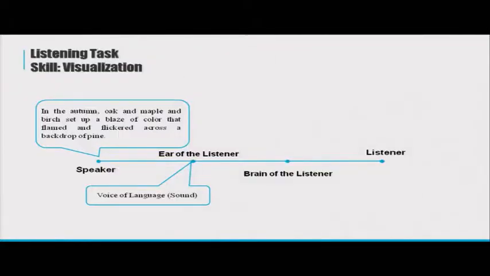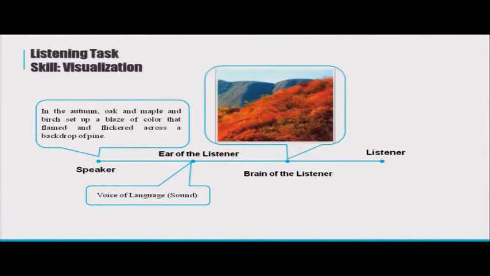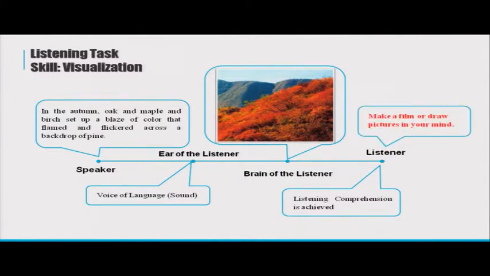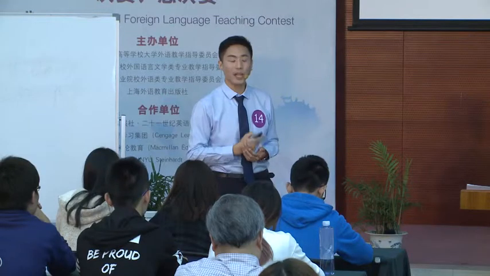Then your brain can draw a picture on the basis of the voice and the words. If your brain can successfully draw this picture, it means you have successfully realized visualization. And it also means the listening comprehension is achieved. So the whole process is visualization. It means making a film or drawing pictures in your mind. Is this clear? Okay, good.